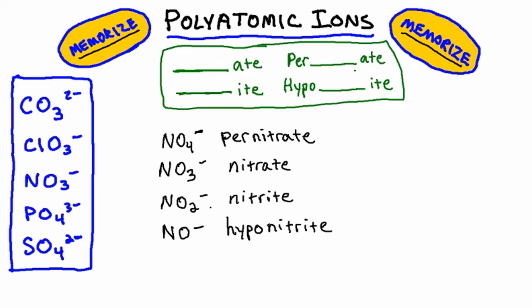So let's try the phosphorus one. Phosphate is PO4 with 3 negative charge. That's phosphate. But what if we add an oxygen to that? So we would have PO5 with 3 negative charge. That would be perphosphate.